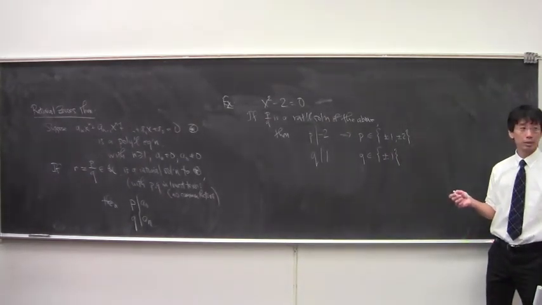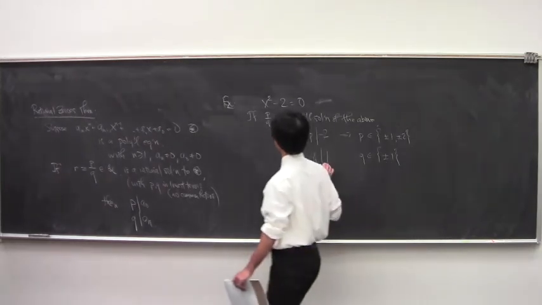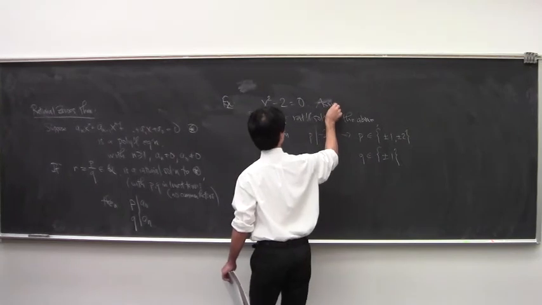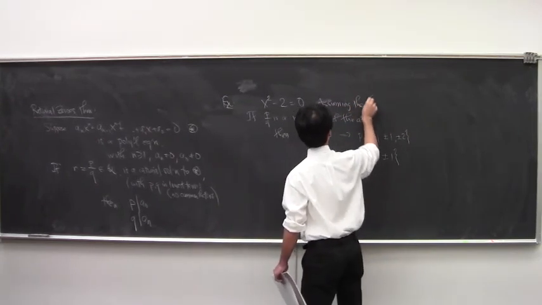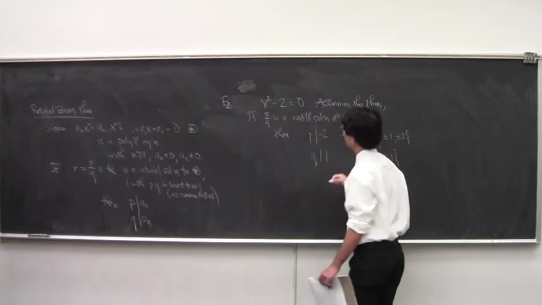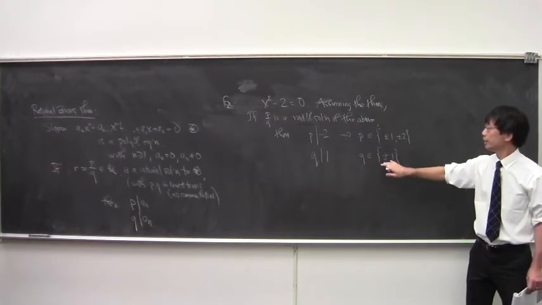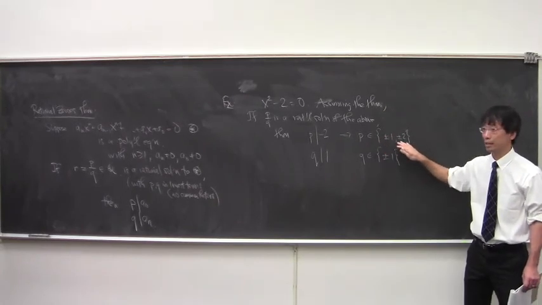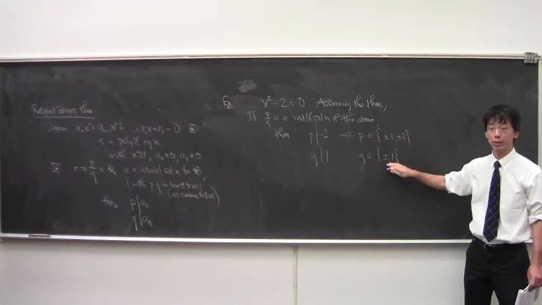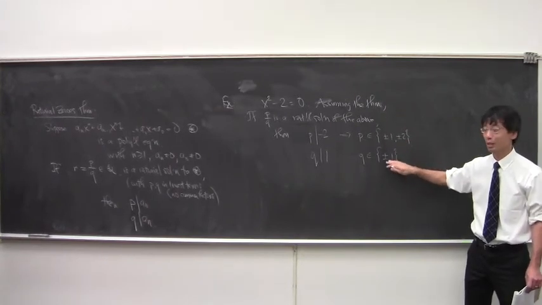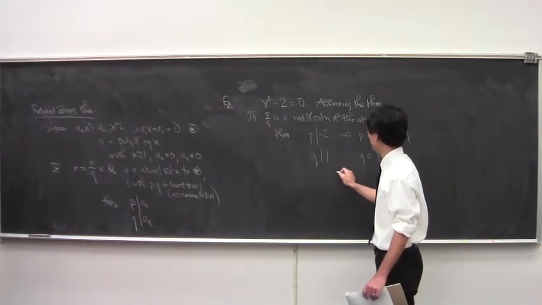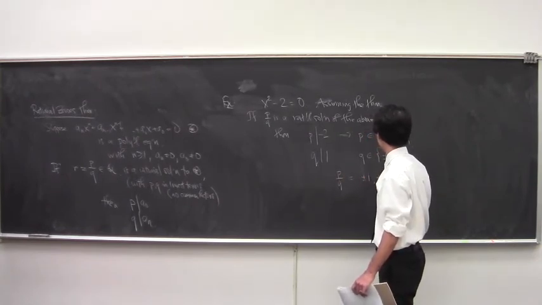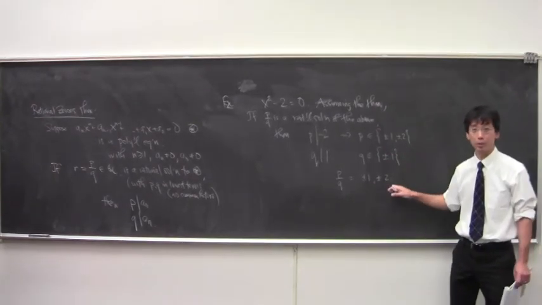So assuming the theorem, if you have a rational solution, then you know what the denominator must be, and you know where the numerator must be. So the only possible answers are plus or minus 1 or plus or minus 2.